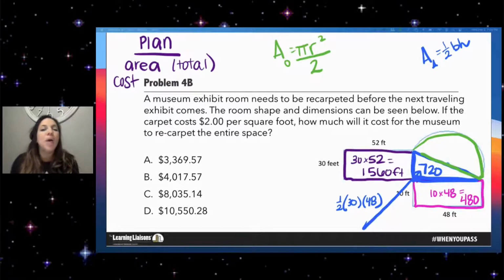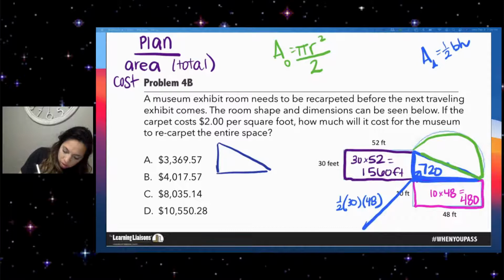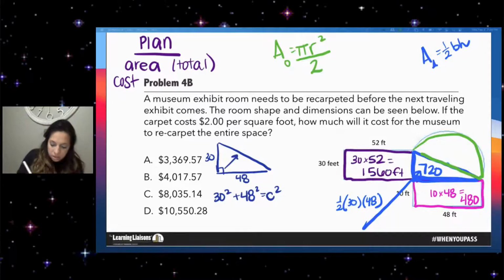And so we can go ahead and use the Pythagorean theorem to find the diameter, which means we can then find the radius. So I have my right triangle, 30 and 48. So a squared plus b squared equals c squared. C is always going to be your hypotenuse.